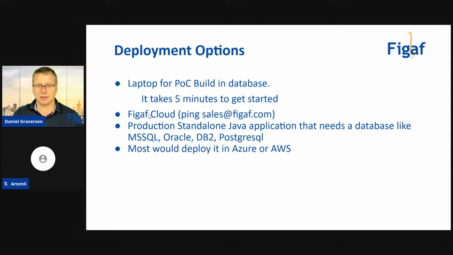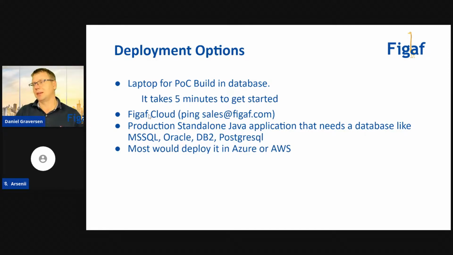Deployment takes about 5 minutes to get the Figaf tool up and running. You simply download a file, run it, and then connect it to your CPI system so you can use it on your laptop. It's really simple. We also have a cloud offering that we use for specific cases.